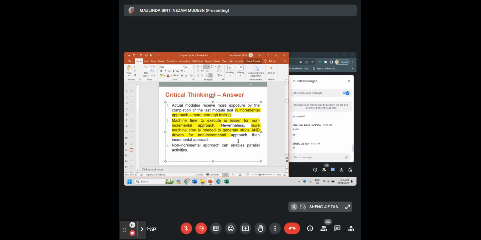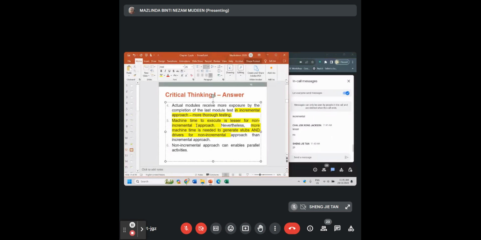Can you understand? So machine time has two different usages here, and for each of these usages, each approach has its own advantages. So machine time used for test execution is less in the non-incremental approach. But the machine time used to generate the drivers and stubs will be more for the non-incremental approach.